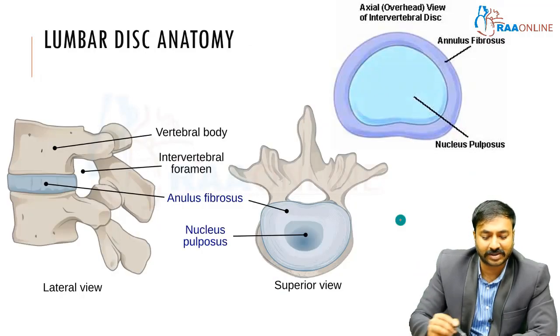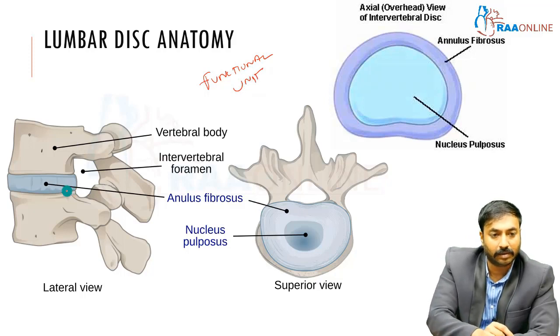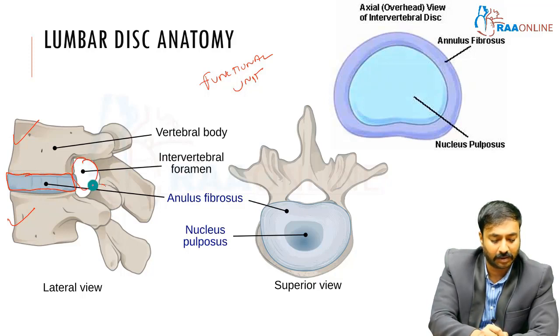So this is what you call a functional unit. A functional unit is nothing but the above vertebra, the below vertebra, the disc, which contains the annulus fibrosus and the nucleus pulposus, the foramina, the facet joints, the spinous process.